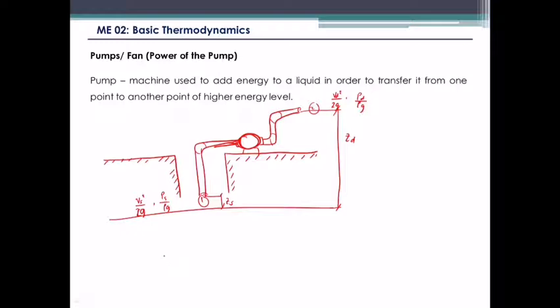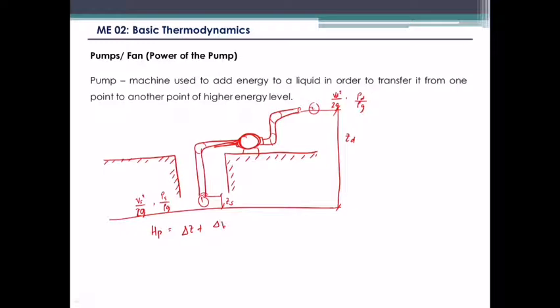So we have the total dynamic head, HP capital. It's equal to the delta Z, plus delta V squared over 2G, plus delta P over rho G. Again, this is the total dynamic head of the pump formula.